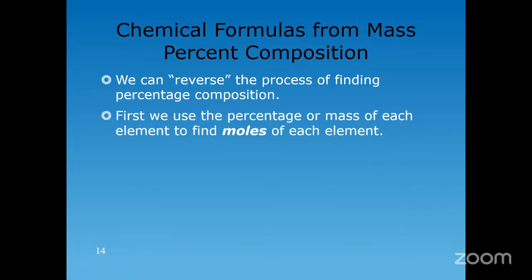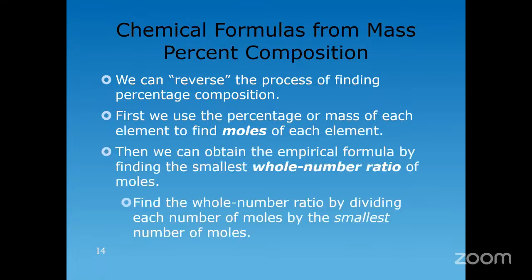you express the percentage as if it represents the mass in 100 grams, right? So in other words, we assume that we're working with 100 grams of the compound. And if you assume that, that means that each percentage represents the mass in grams for every 100 grams of the compound, all right? And then what we do next is we convert each of those masses to moles. How do we do that?